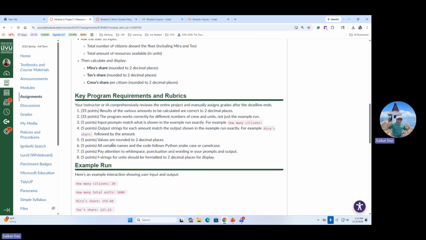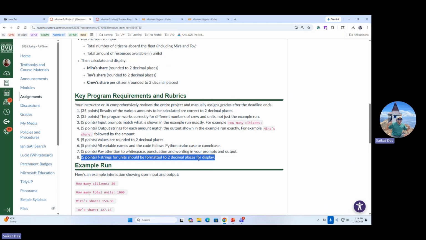So in the rubric it mentioned you need to use the F string for unit, which should be formatted to 2 decimal places for display. Even if your value is 159 for display, you need to use the F string up to 2 decimal points. If your answer is 159, probably you will not get those 5 points. To secure the 5 points, you need to use the F string and 2 decimal points display.